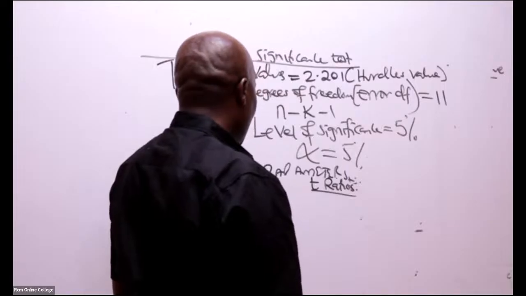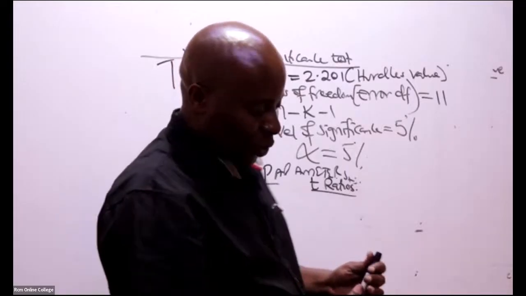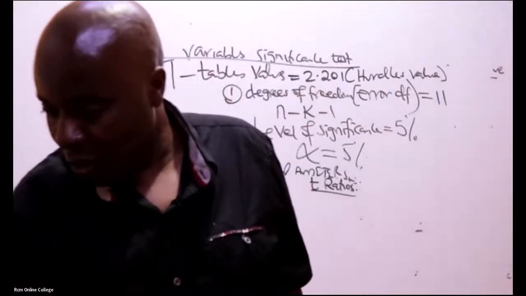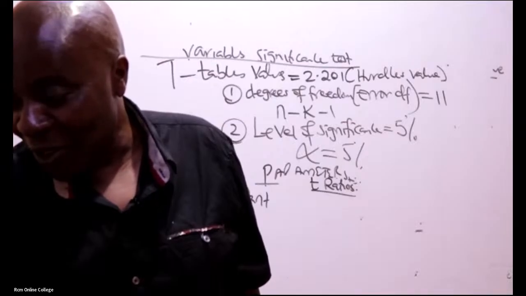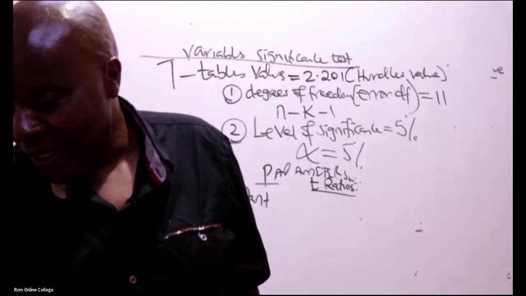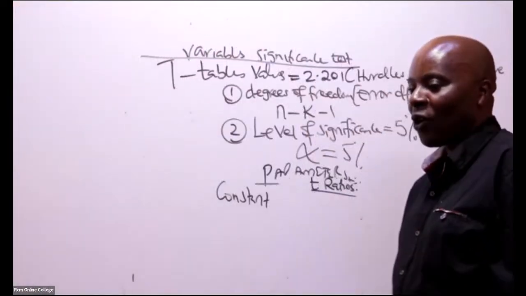So what is the t value of the constant? Please open up your paper. You should not panic at all. This will make sense in a moment. The t ratio for the constant.